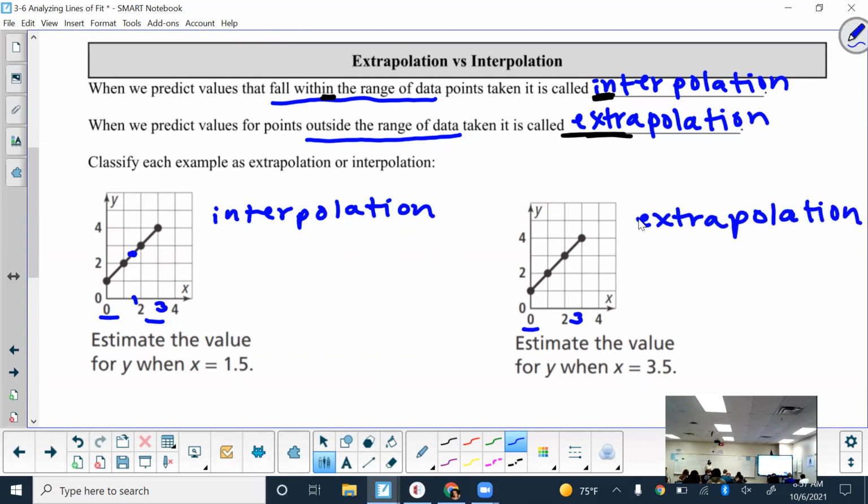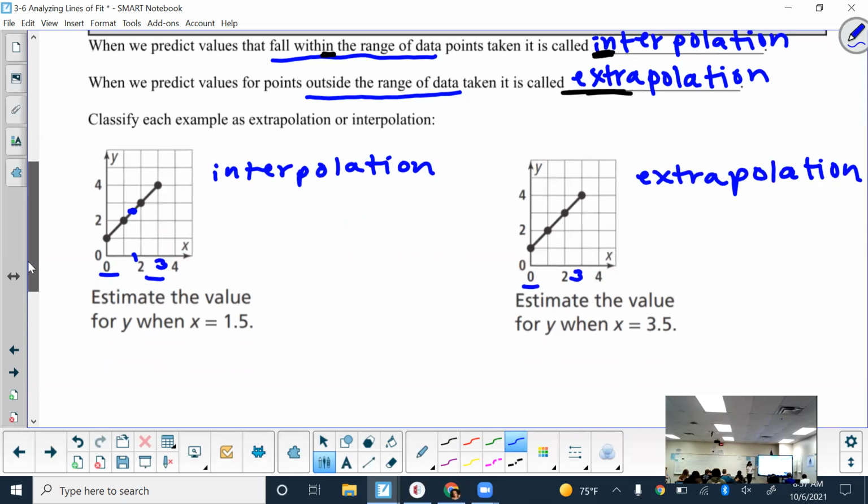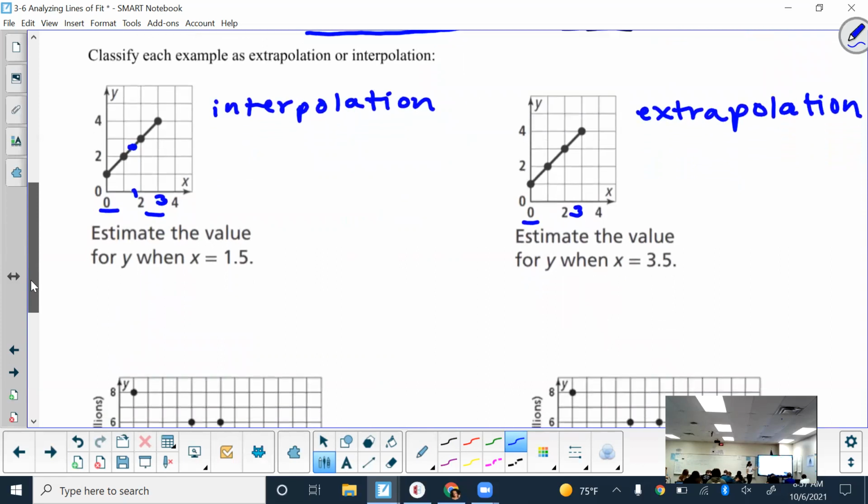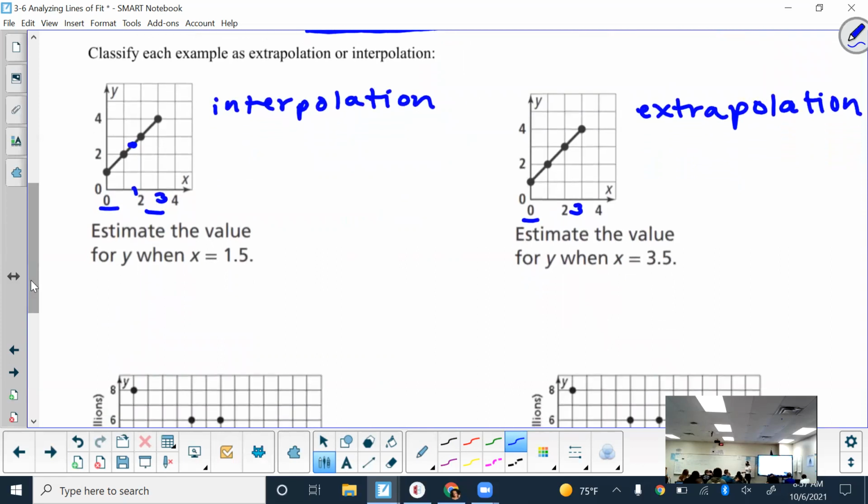Make sense? All right. If it did ask you to actually estimate it, right now it just wants us to classify it. It's easy because you have the trend line. You don't necessarily need the equation, you can just use the line. So when x is 1.5, what's that y value expected to be? If it's on this line.